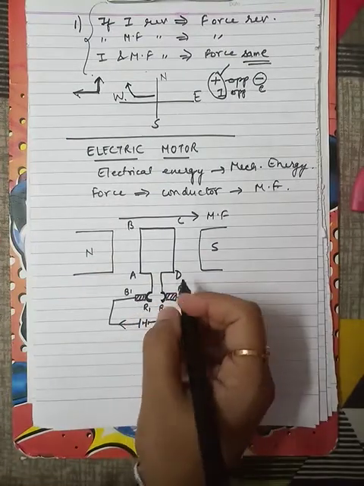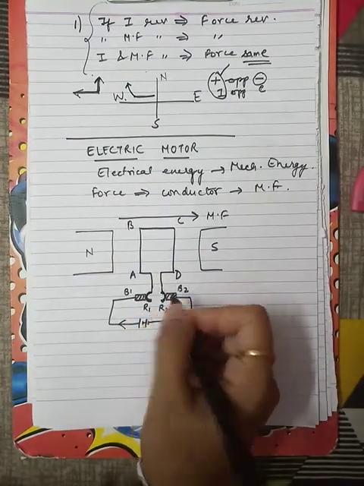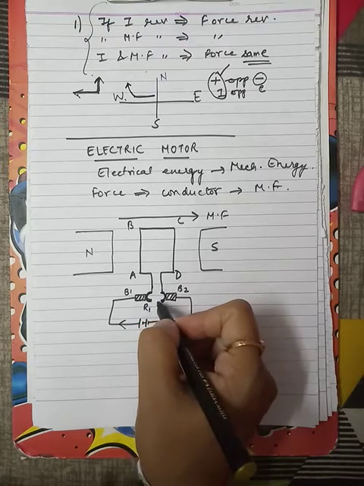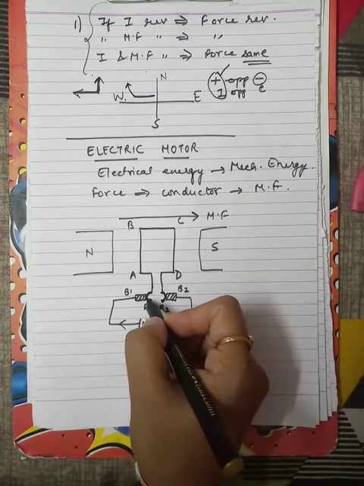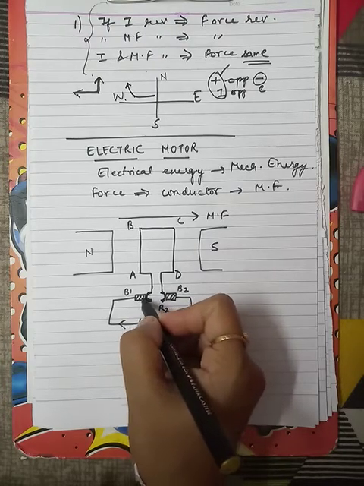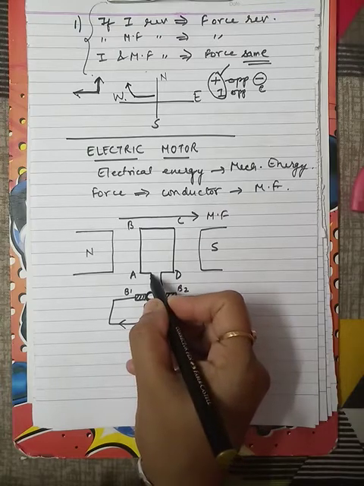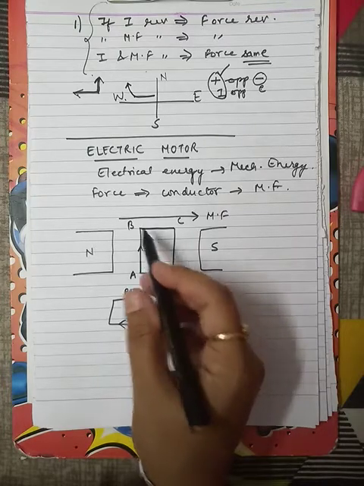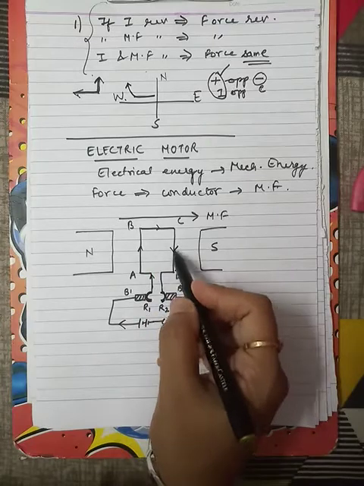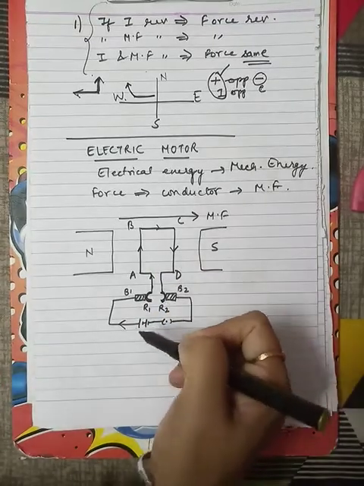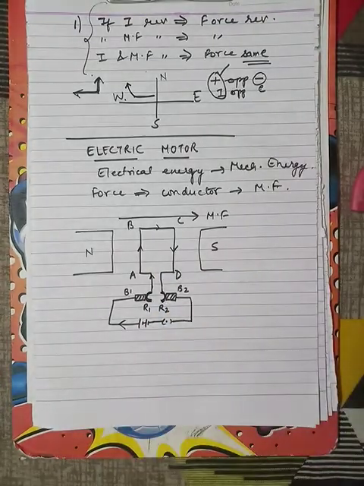Contact is not left behind. So these split rings have contact with the brushes, so current starts flowing in this direction, this direction, and then this. Like this, current is flowing in the rectangular coil.